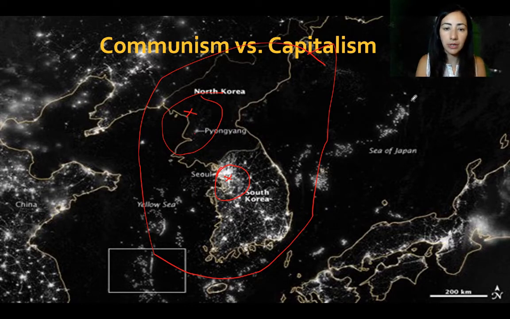Not much is going on. Now notice you can practically not distinguish North Korea from basically the Sea of Japan and the Yellow Sea on the side. Now why is this an important example? Well, North Korea and South Korea were one country. When they split after the Korean War and North Korea embraced communism and South Korea embraced a market economy, what you saw was this discrepancy.